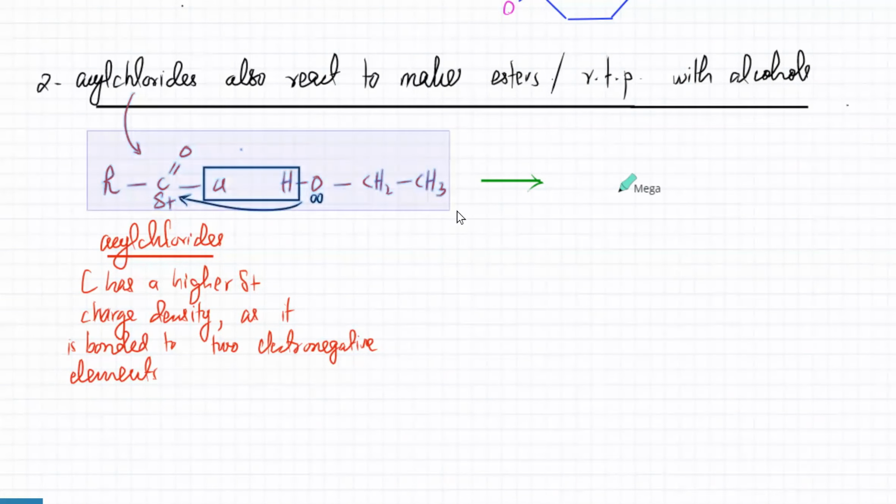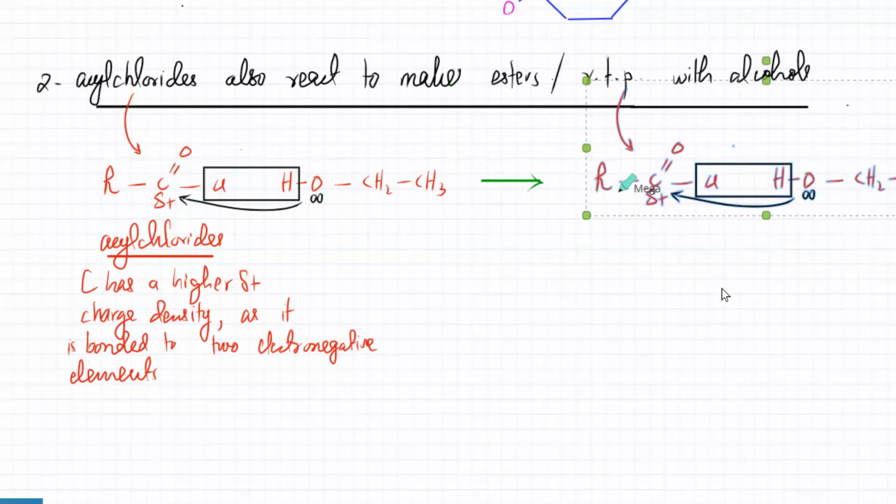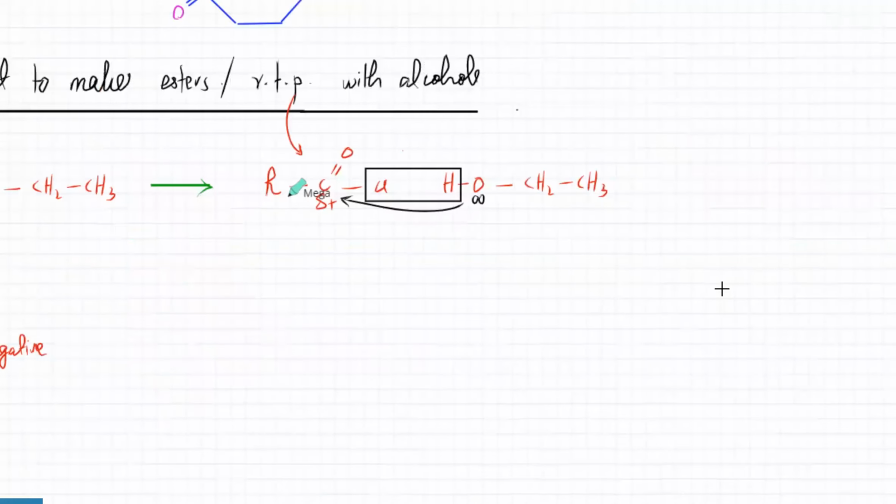It's going to be the same product, except instead of the OH you had in the previous case, now you've got a Cl. And the byproduct, instead of being water, is going to be HCl.